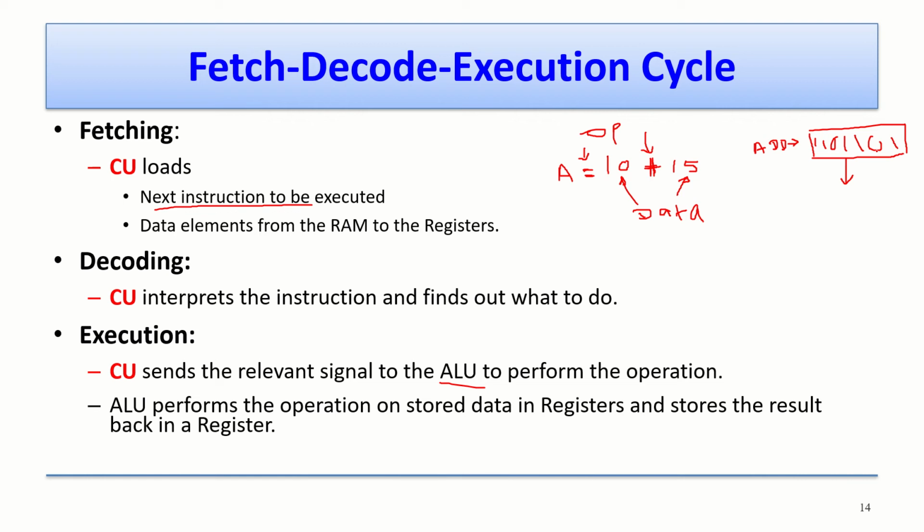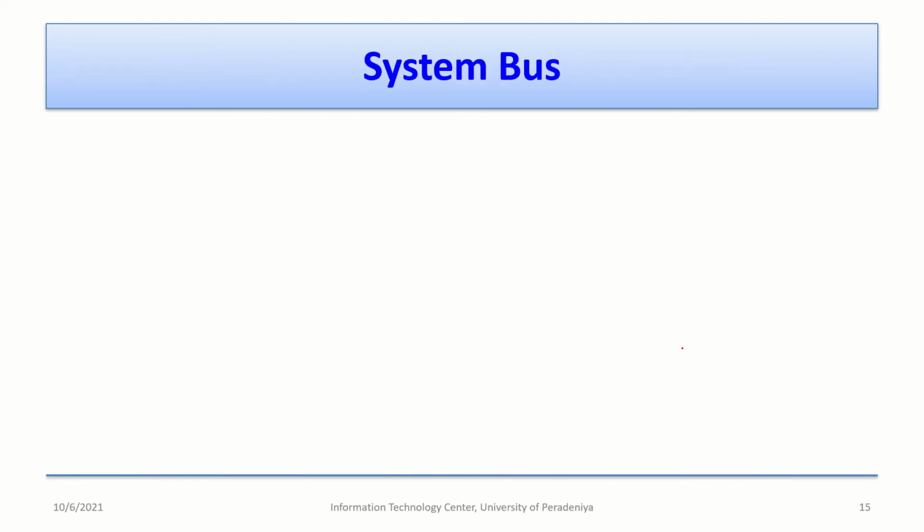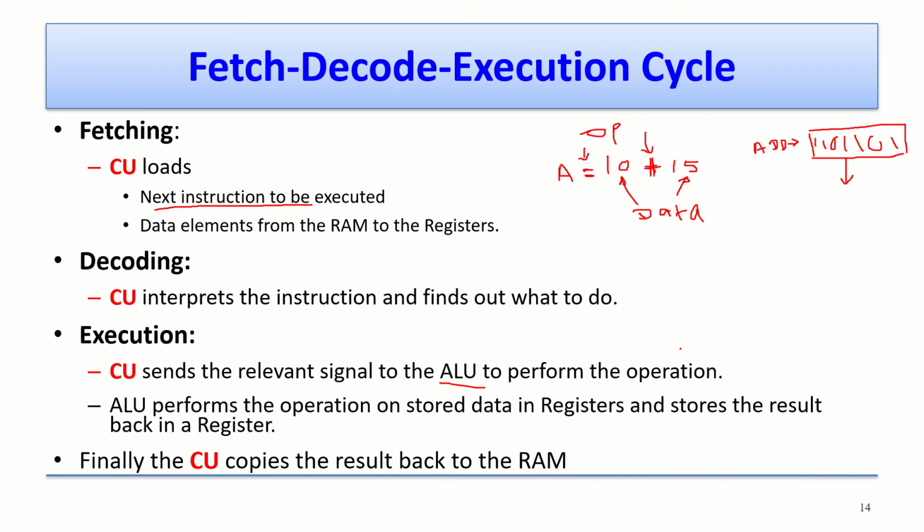Later on, those results are transferred to the main memory, and then stored in secondary storage as files or put into an output device like a monitor. So that's the basic idea behind the fetch, decode, execution cycle. Finally, the control unit copies the result back into the RAM.